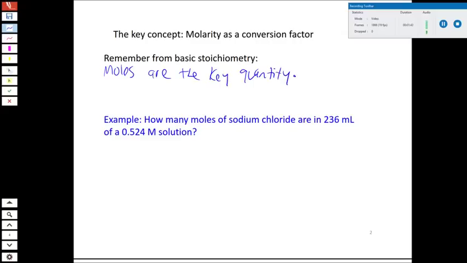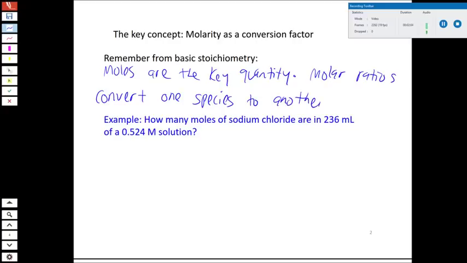And as was made abundantly clear from all the examples we did and all the homework problems you had the last couple of weeks, it's because molar ratios, which come from balanced chemical equations, the coefficients in those equations, are what we use to convert an amount of one species, a reactant or a product, into an amount of another, which is a separate reactant or product in that same chemical reaction. So once you have moles of one substance, you can use mole ratios to convert to moles of another substance, and you're off to the races.